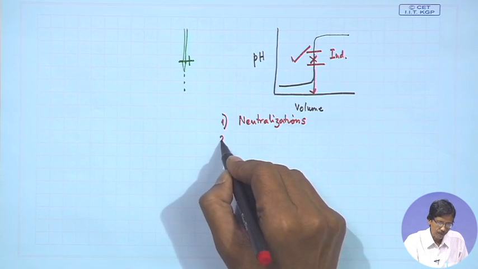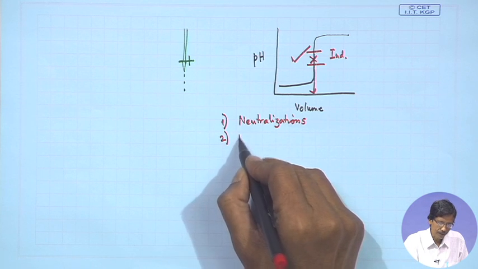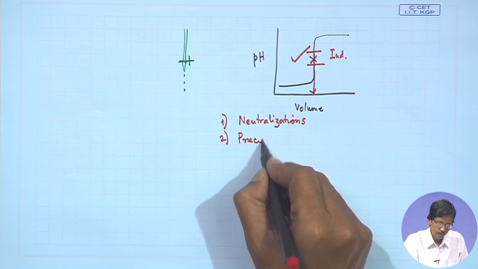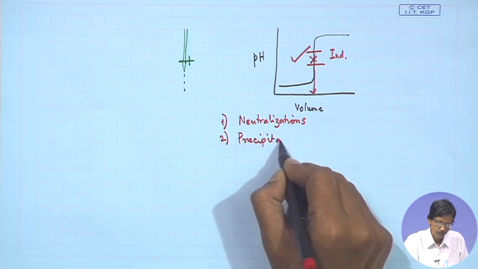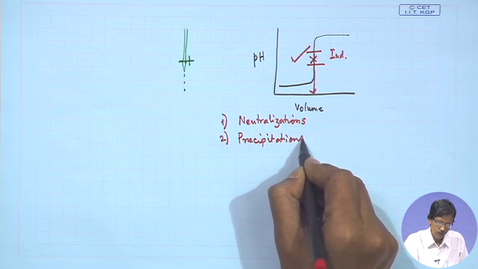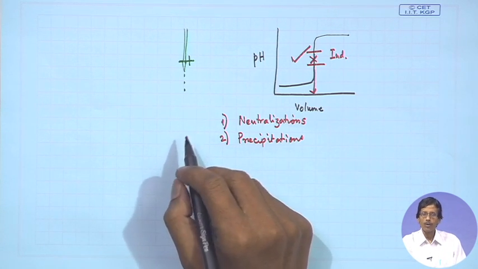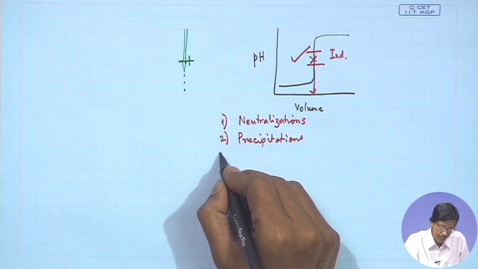Then we can have the precipitation reactions, as we see here the plot with the precipitation of silver nitrate.